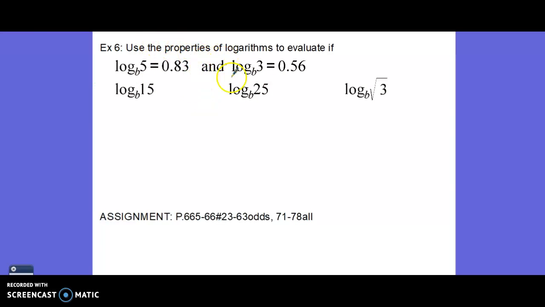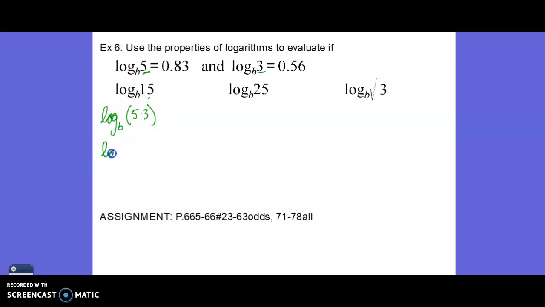And here's the thing, I know that some people would try to figure out what the base is so they can use their calculator. That's fine. It's just more beneficial if you think about, well, how can I change 15 to be something with 5 and 3? So if you think of it this way, the problem's not that bad. Well, 5 times 3 is equal to 15.